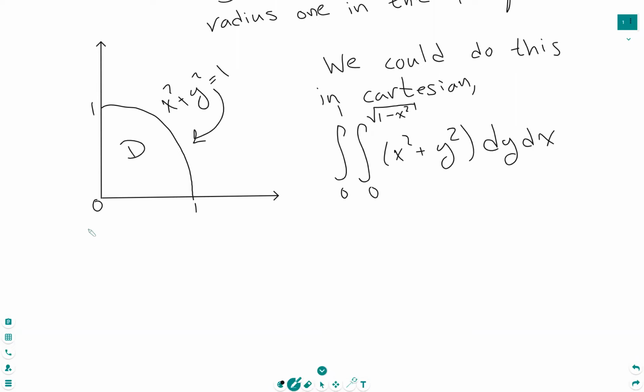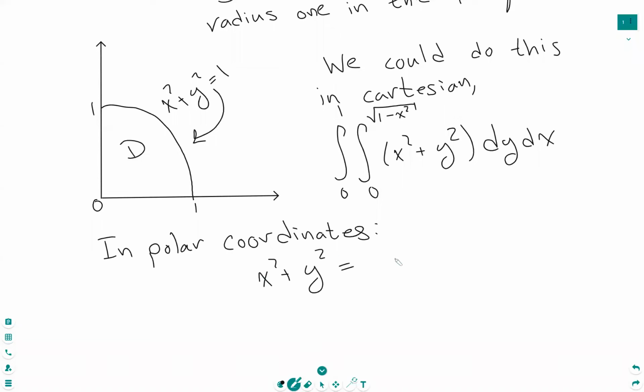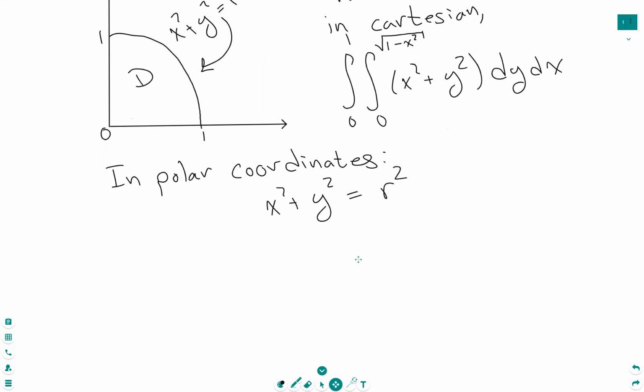So in polar coordinates, one thing to also note is that this integrand, x squared plus y squared, is equal to r squared. That's pretty nice.